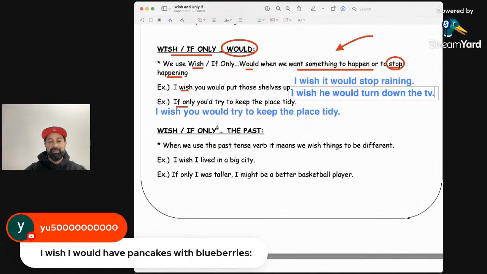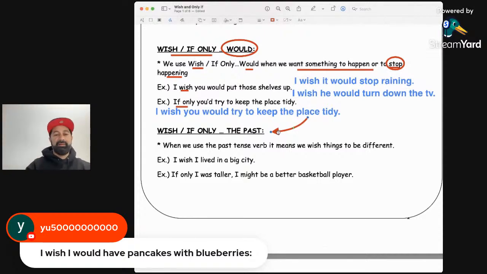Let's move to another way that we use wish. And in this way, we're going to be using past tense. When we use past tense, it's going to be a little bit different. So when we use past tense, we have reality. This is what is true.